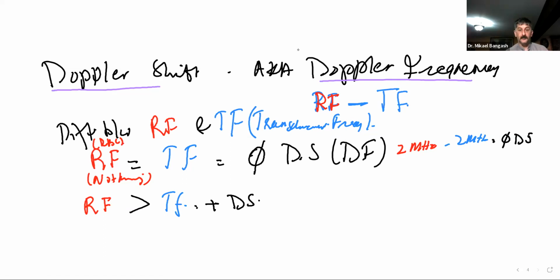Now we could just say that we had 2.2 megahertz, from which 2 megahertz was subtracted.